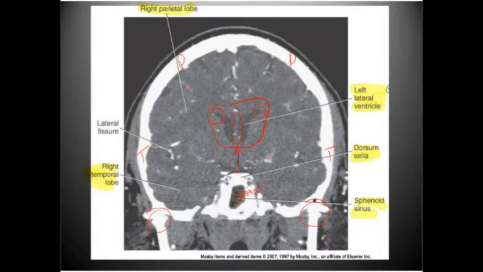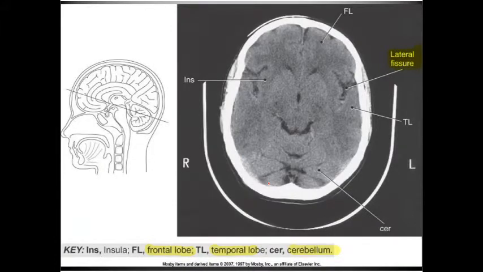Also, we need to label parts of the brain. This is going to be the parietal lobe. This is right parietal, left parietal, right temporal, left temporal. Going back to this area, we have the falx cerebri, third ventricle, and frontal horns of the lateral ventricle. This is the cisterna magna.